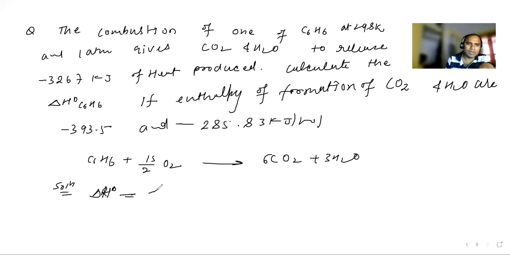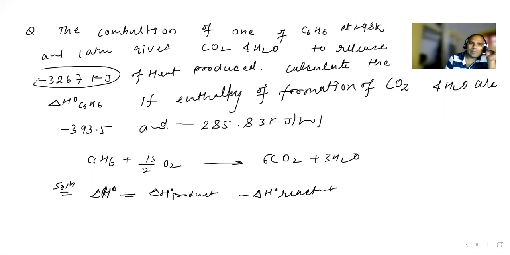The enthalpy of reaction they have given is minus 3267, which is equal to the enthalpy of the products, 6 CO2 plus 3 H2O, minus the enthalpy of the reactants.